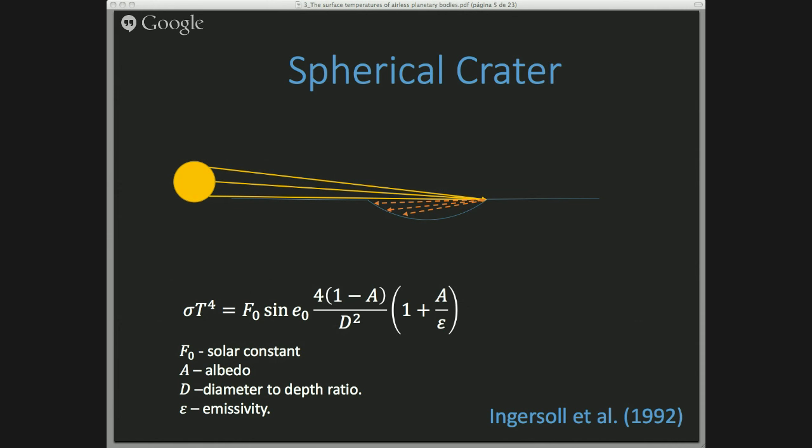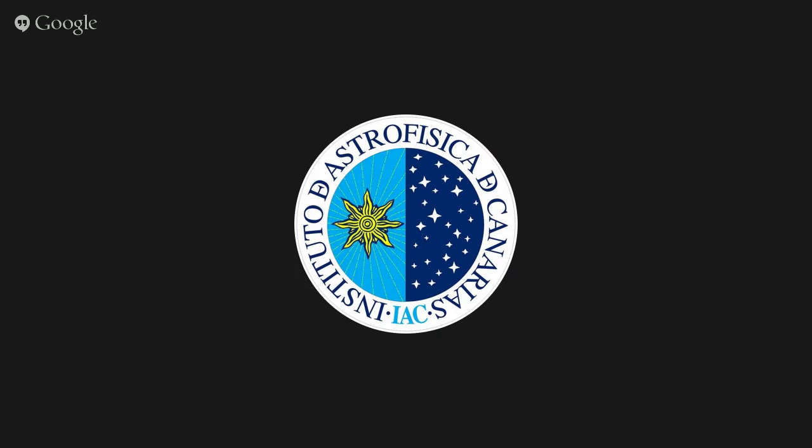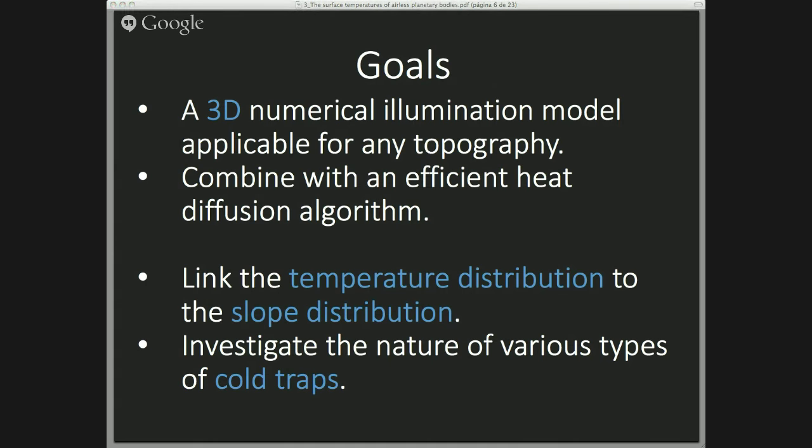That's the method we use to solve the equation. And eventually, our scientific goals are to link the temperature distribution to the slope distribution, to the roughness of the surface, to its statistical slope distribution, and investigate various types of cold traps. And I'm going to discuss which types of cold traps in a minute.